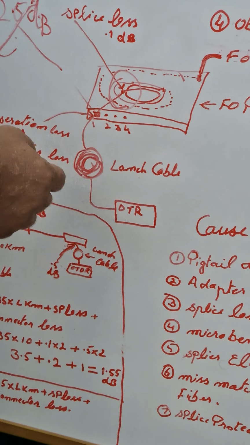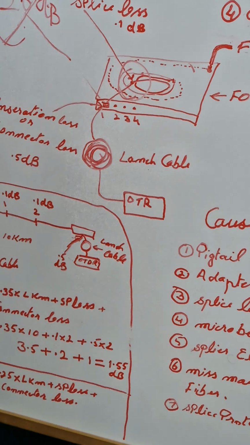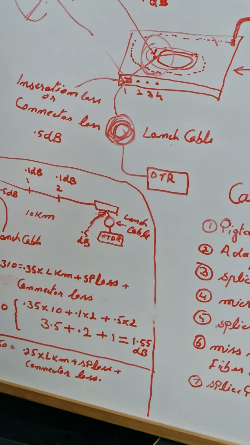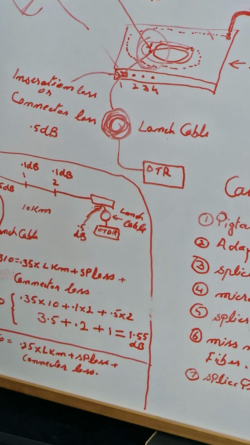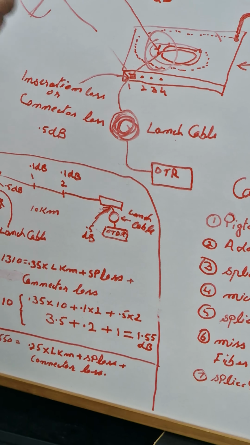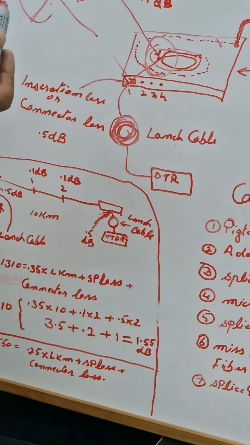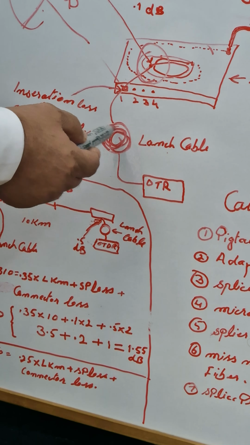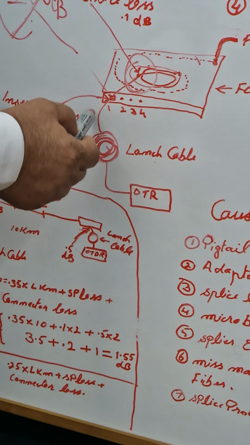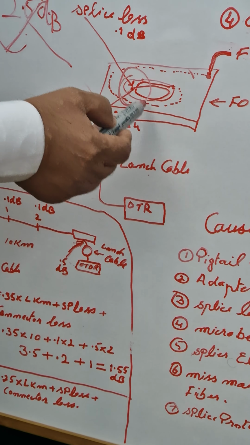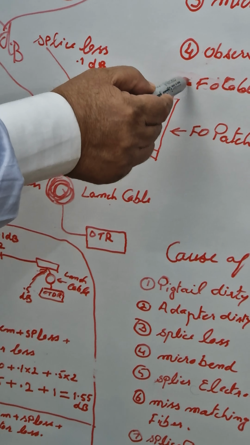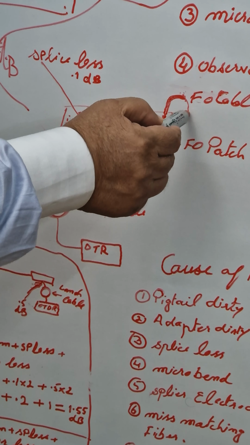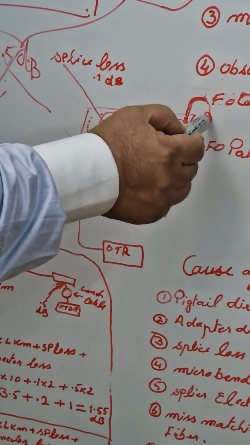Number two, the dead zone. Normally an OTDR has a dead zone; the previous OTDR had a dead zone of 50 meters. Now our OTDR has a dead zone of 1 meter, 2 meters. Even though we connect the launch to get the proper length, if there is a problem nearby, sometimes we have the problem exactly after the panel, suppose 1 meter, 2 meters.